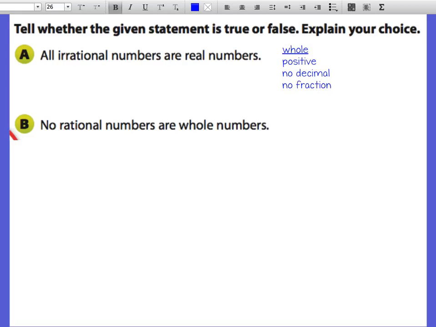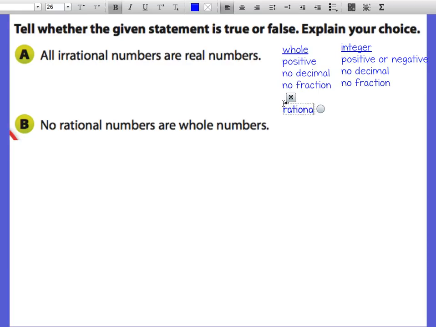Okay, to be an integer, it can be positive or negative, no decimal, no fraction.